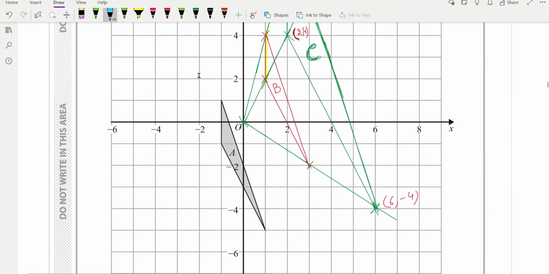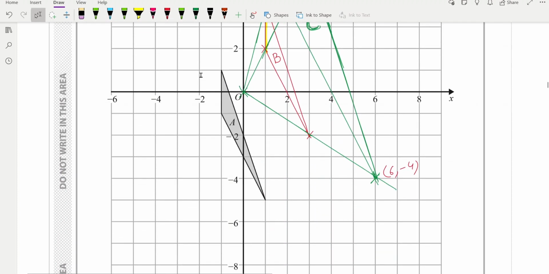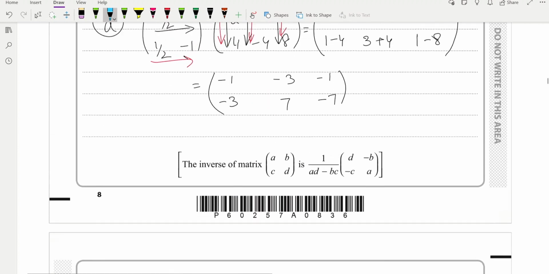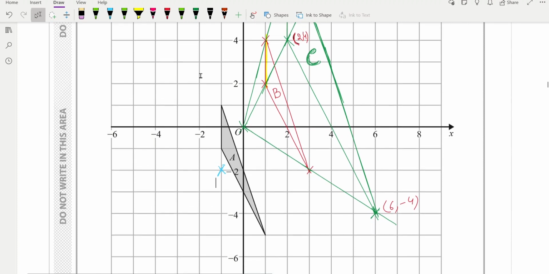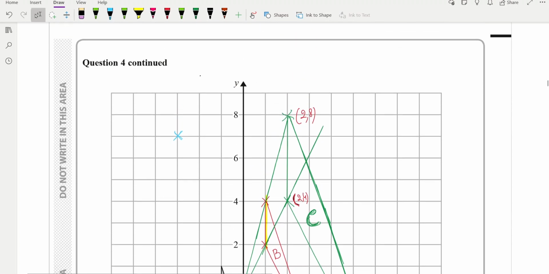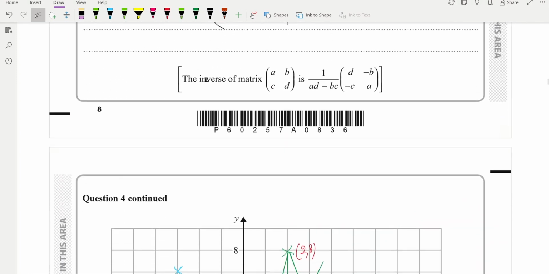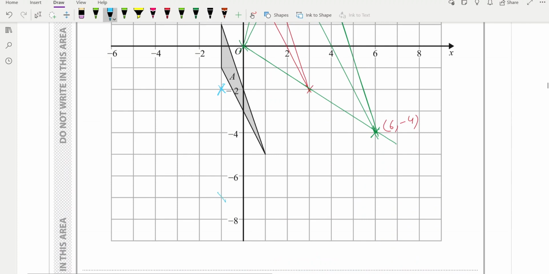Minus 1 and minus 3 will be this point, and the second one, minus 3 and 7, is this point. The third one, minus 1 and minus 7, is this one.